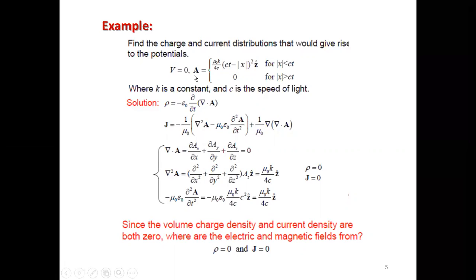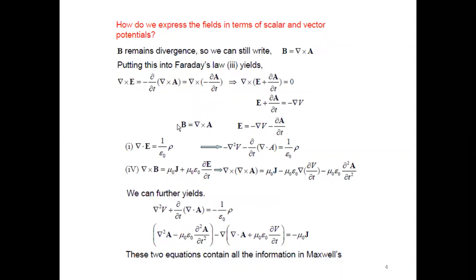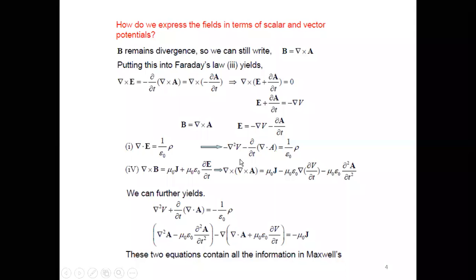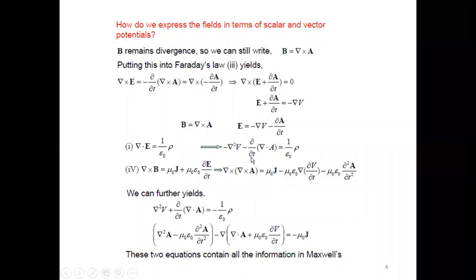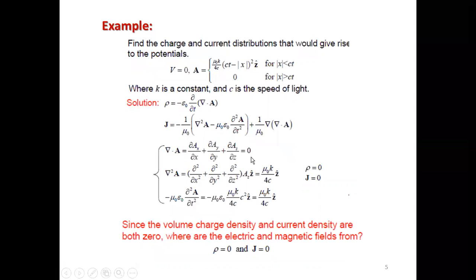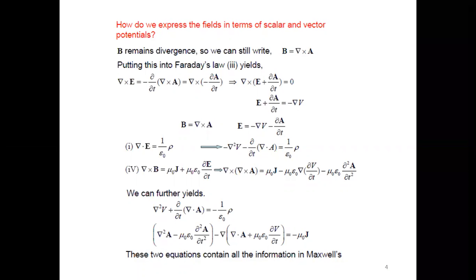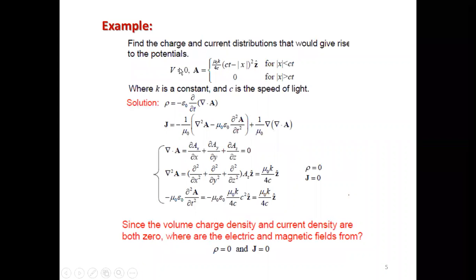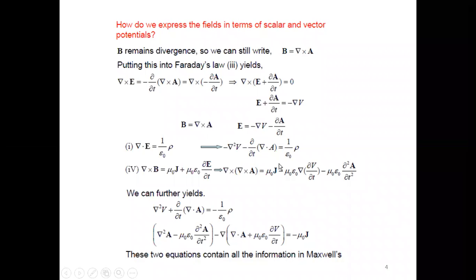Since we have the relationship between rho and A from this relation, we can use that relationship. Okay, so see here, I am taking this equation. Since V equals to 0 is given here, put V equals to 0. So this equation becomes minus dou over dou t of divergence of A equals to 1 by epsilon 0 rho.